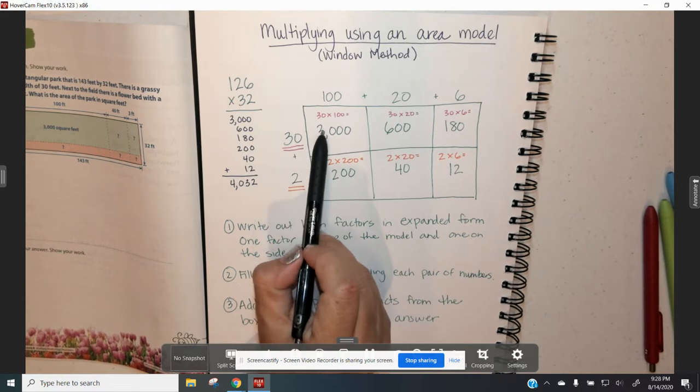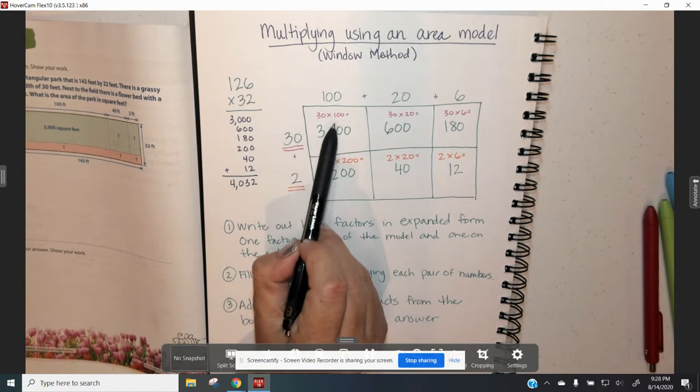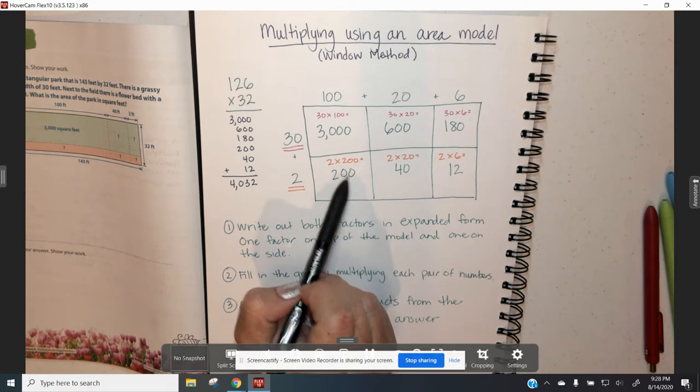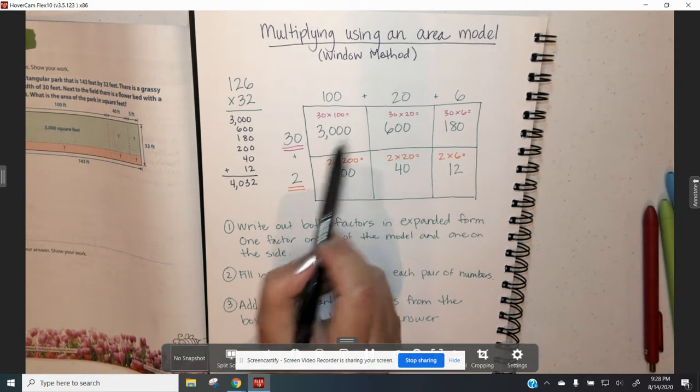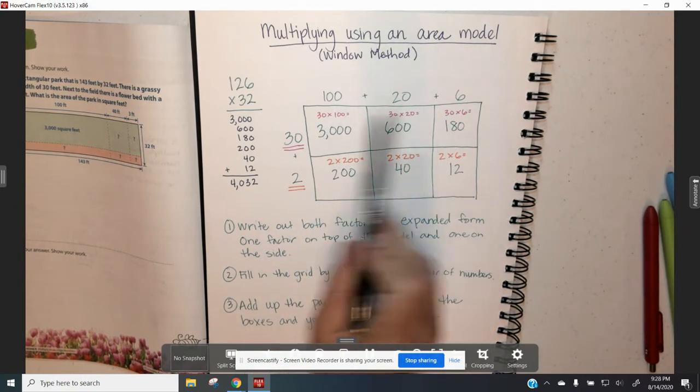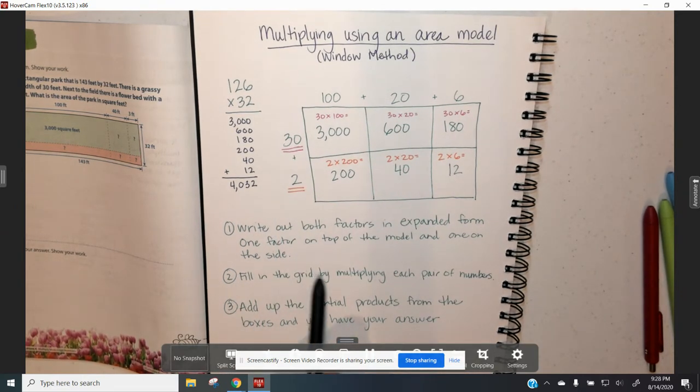On this model I wrote what I was thinking as I was doing each of these partial products in the windows, or in the area model. So after we write our expanded form, then we fill in the grid by multiplying each pair of numbers.